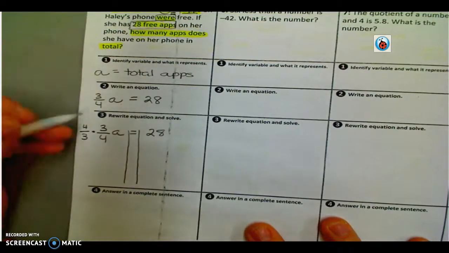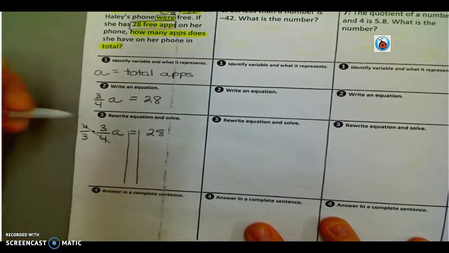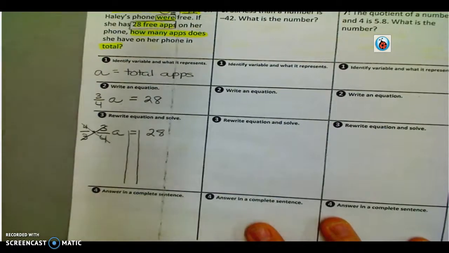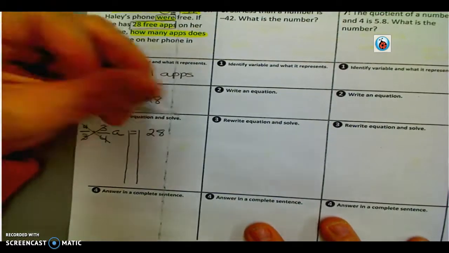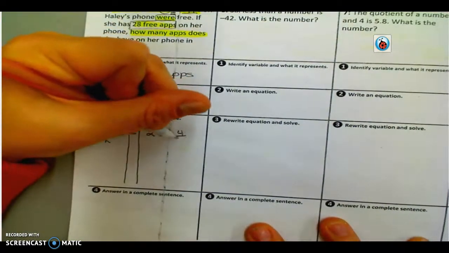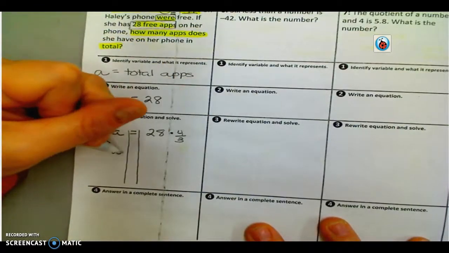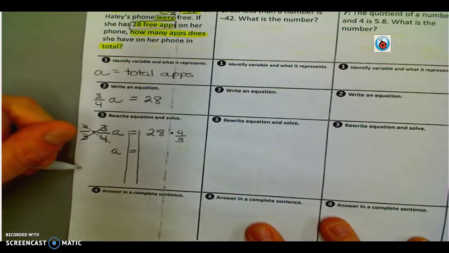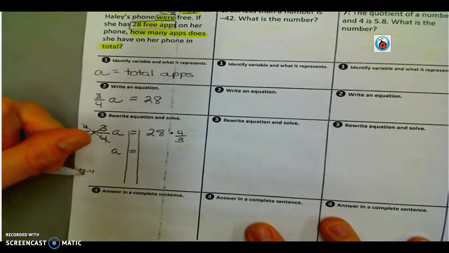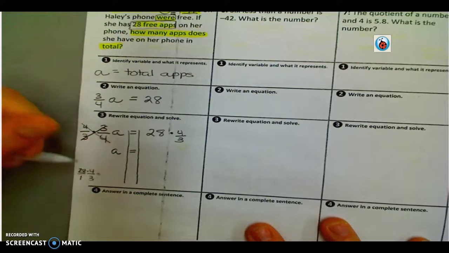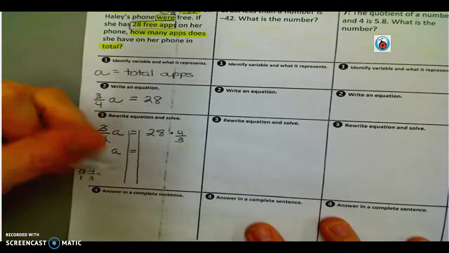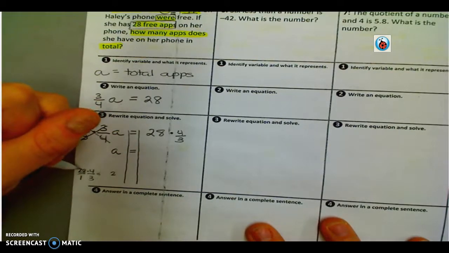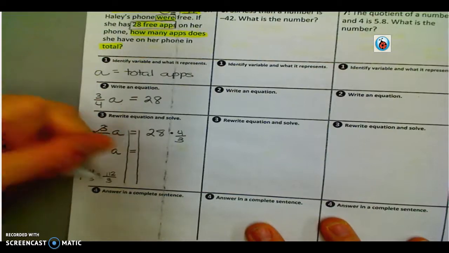And that makes sense because now look, we can cross out those numbers to show that they cancel. But don't forget to do the same thing on the other side. So I get A equals, well, I'm not ready to do this math. I'm going to do my messy math off to the side. 28 over 1 times 4 over 3. Okay, I get that's 32, that's 8, that's 112 divided by 3.